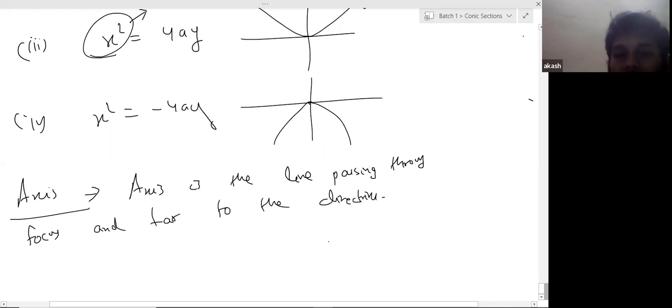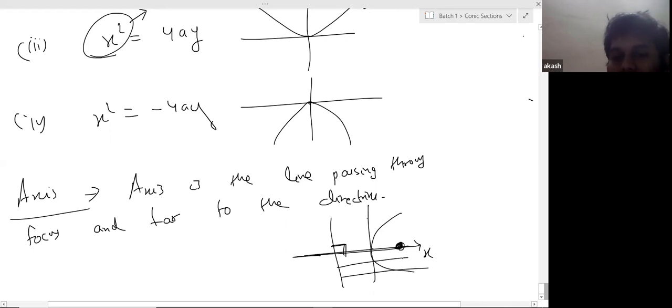This was the directrix, this was the focus. So this line, the x-axis here, is perpendicular to the directrix and passing through the focus. There can be infinitely many lines perpendicular to the directrix, but it should also pass through the focus. That is called the axis of the parabola.